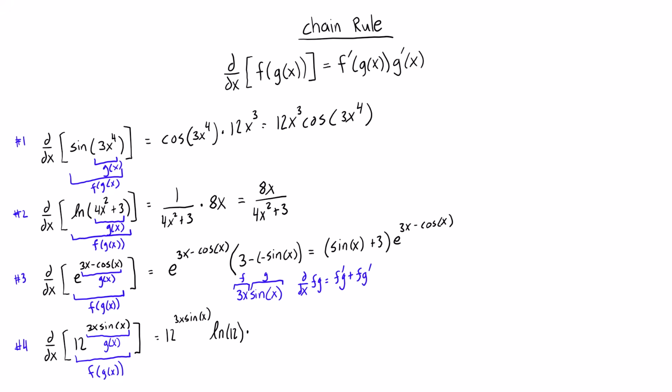So let's start off with some brackets here because it's going to get a little bit messy. So the derivative of 3x is 3 times g, which is sine of x, plus f, which is 3x times g prime, and the derivative of sine of x is cos of x. So that is the derivative of the original function.